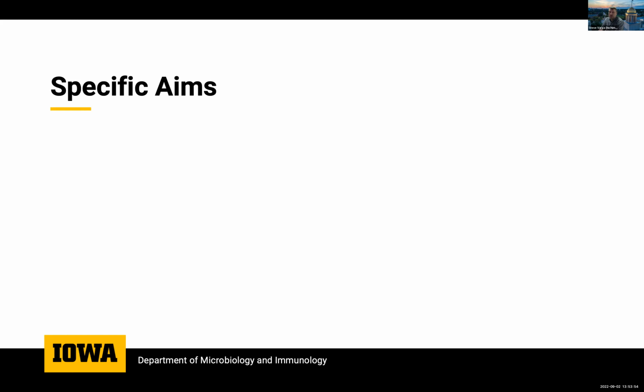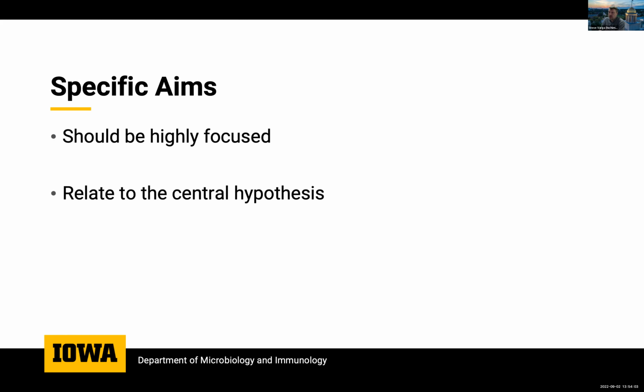As far as the specific aims, you want to make sure when you're writing them that they're tightly focused and not too open-ended, and that they relate to the central hypothesis. You don't want aims that go too far away from your central hypothesis.